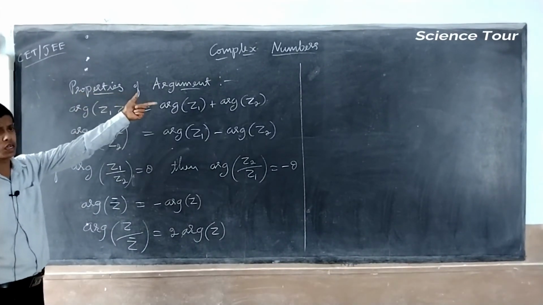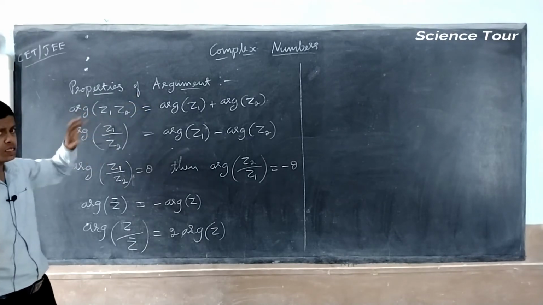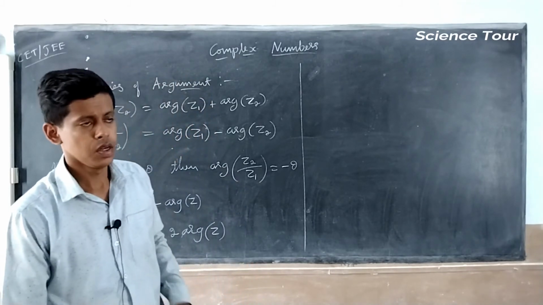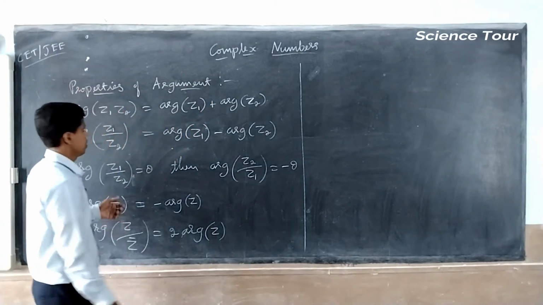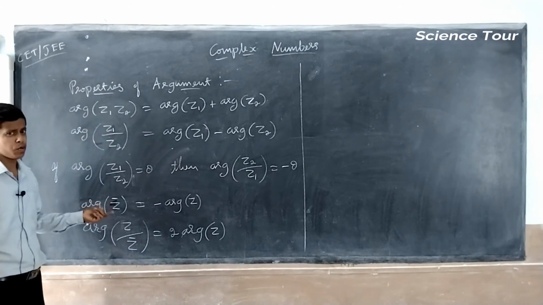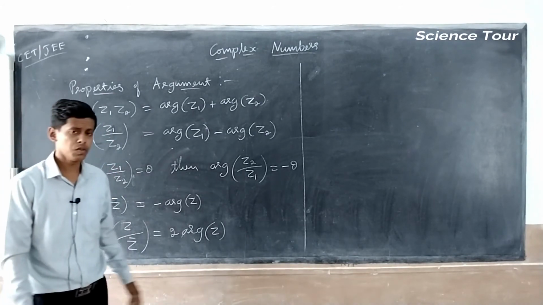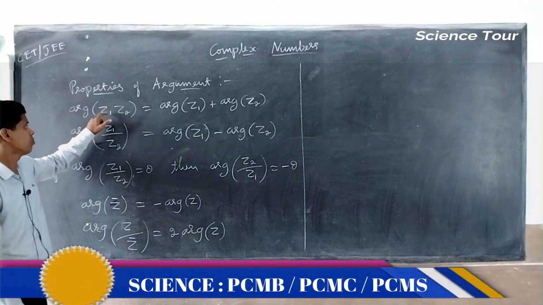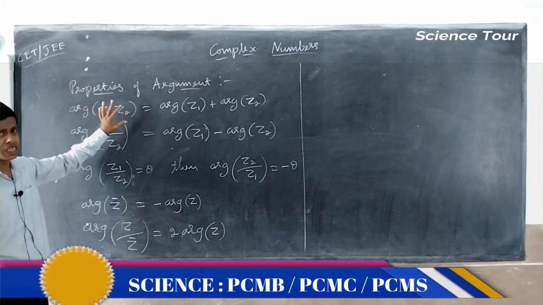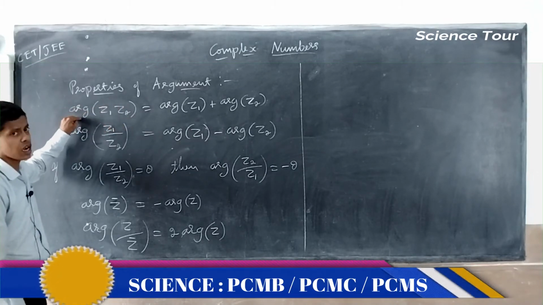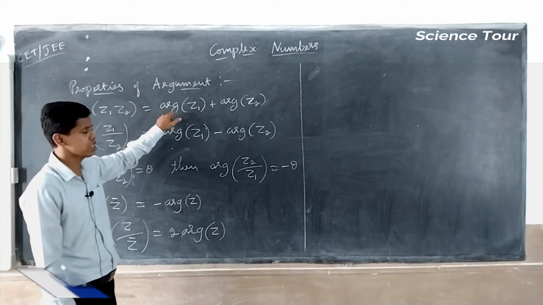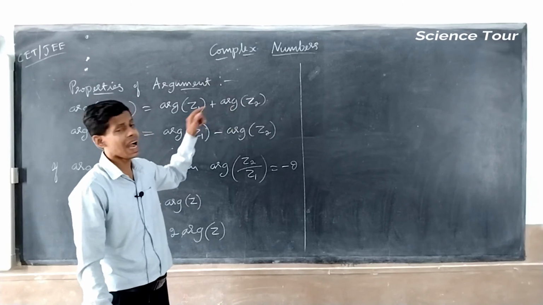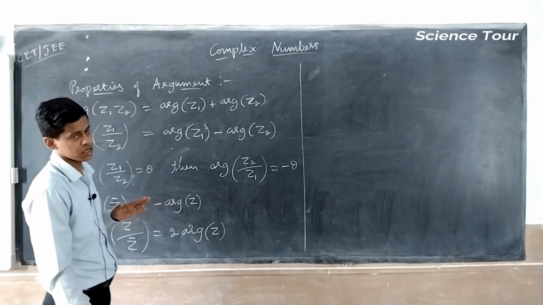Properties of argument. We have seen in the earlier class how to find the argument or theta of a complex number. Now let us look at some of the important properties which will help us in solving problems regarding argument of a complex number. First of all, if you have multiplication of two complex numbers z1 and z2 and you want to find the argument of it, you can simply find the argument of the first complex number and the argument of the second complex number and add those arguments.